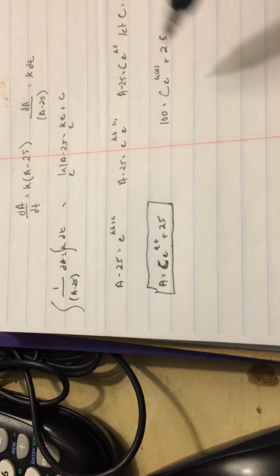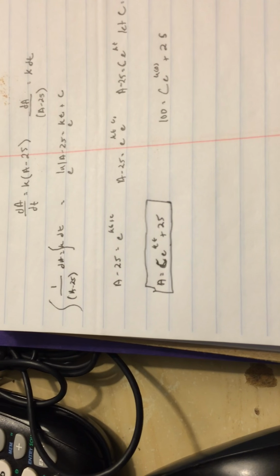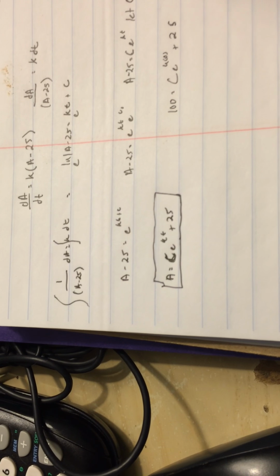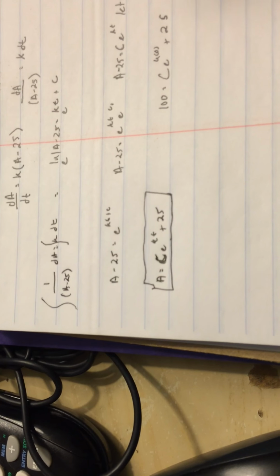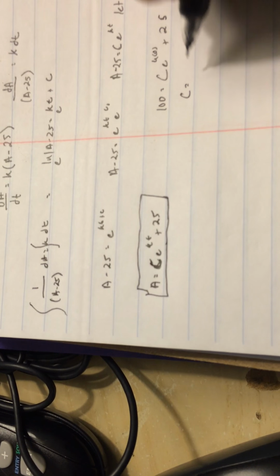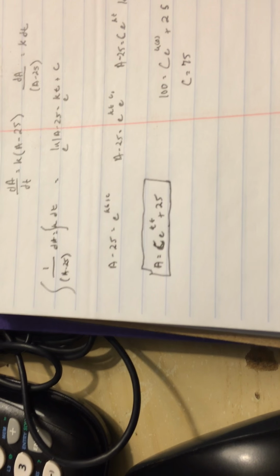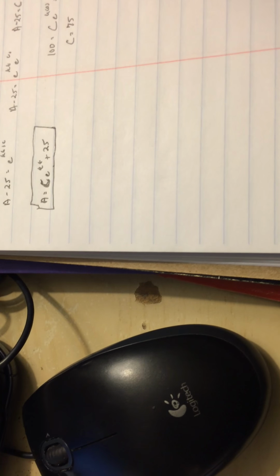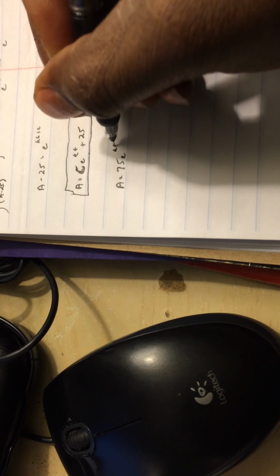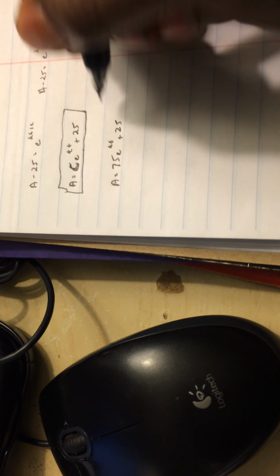Solving for this, we know that K times 0 is 0, and e to the 0 equals 1. We pull our 25 to the other side, and we end up with C equals 75, which brings us to a more specific form of our equation, which is A equals 75 e to the kt plus 25.